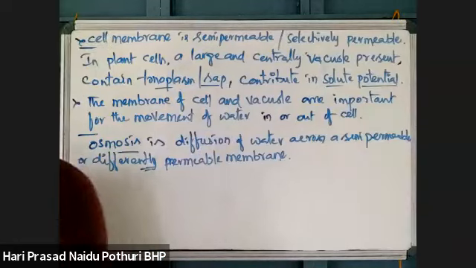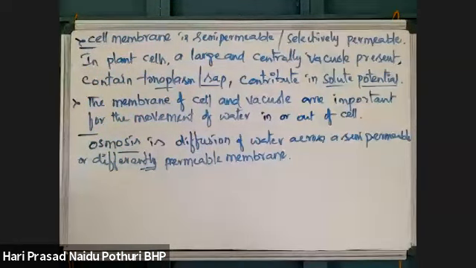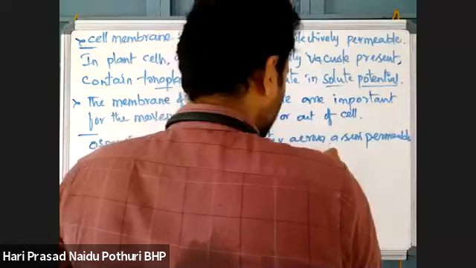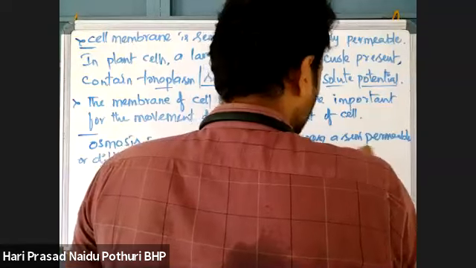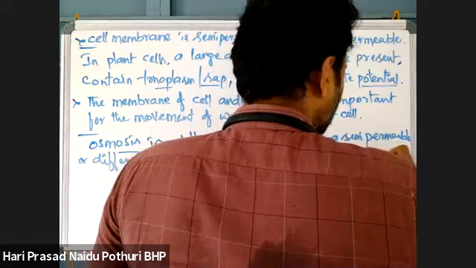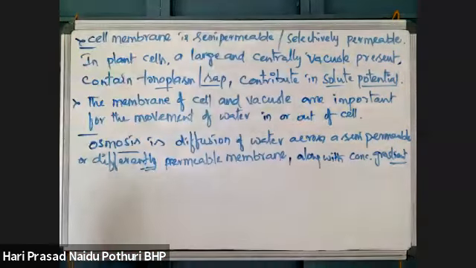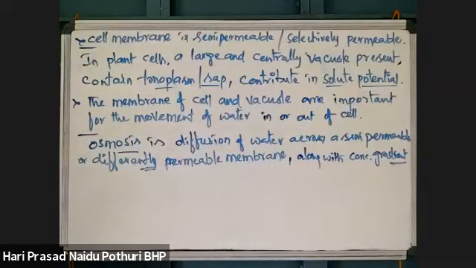It is diffusion only. Diffusion is from high concentration to low concentration. Here also, along the concentration gradient, you write that point. Along the concentration gradient, from high concentration to low concentration, there is movement across a semi-permeable membrane.